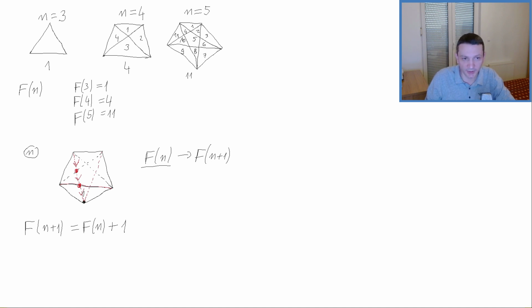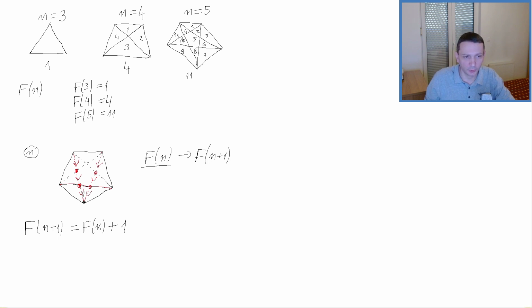So these 2 intersection points lead to 3 new areas. Also these 2 intersection points of the next new diagonal lead to 3 new areas, because these 3 are divided into parts.